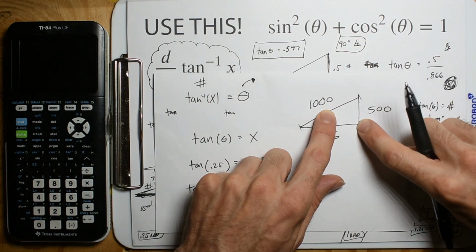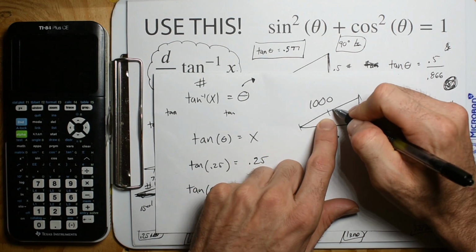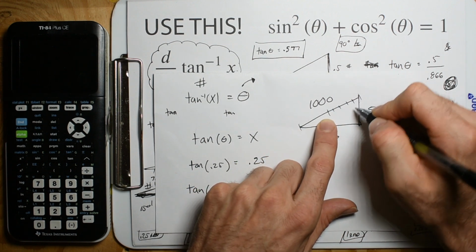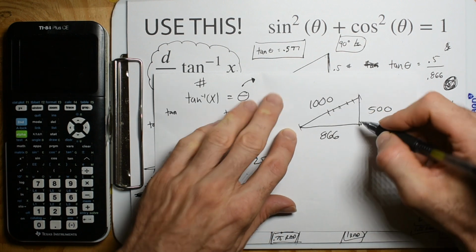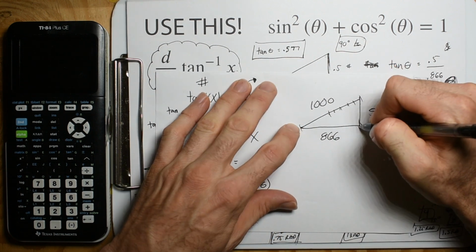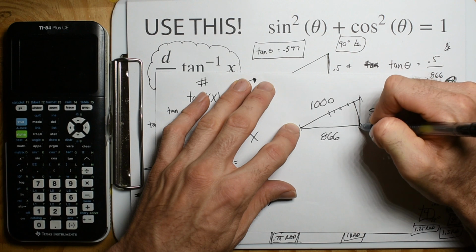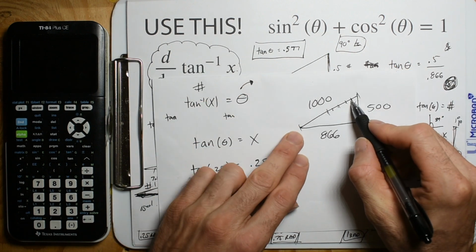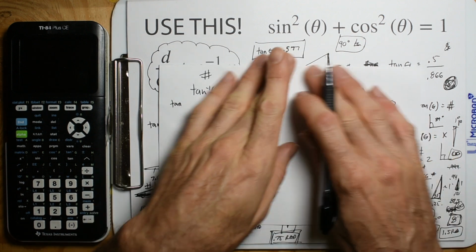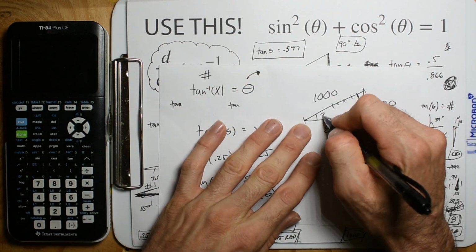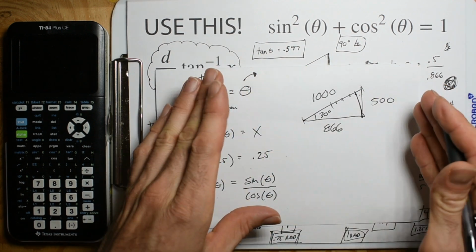Oh, that's about the same length there. Let's just figure out where this is. You roll this in, and you're like, whoa, this is about 900. Well, it's 866.